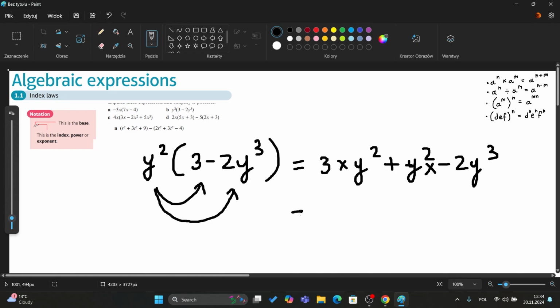So 3 times y squared is just 3y squared, and then y squared times minus 2y cubed is going to give us minus 2, because 1 times minus 2 is minus 2, and y squared times y cubed is the same as y to the power of 3 plus 2, which is y to the power of 5.